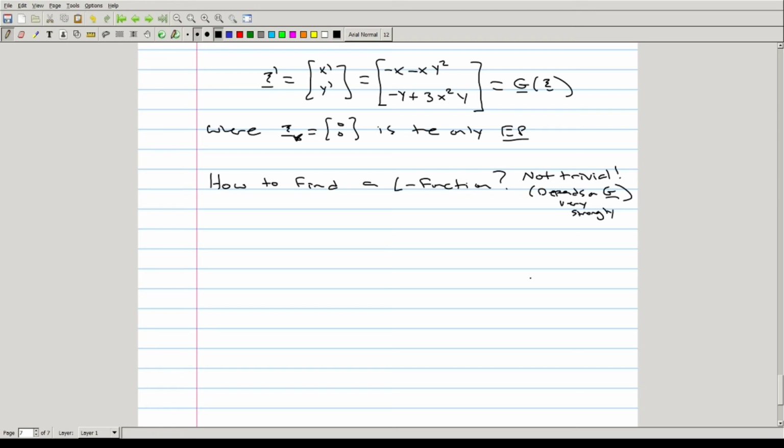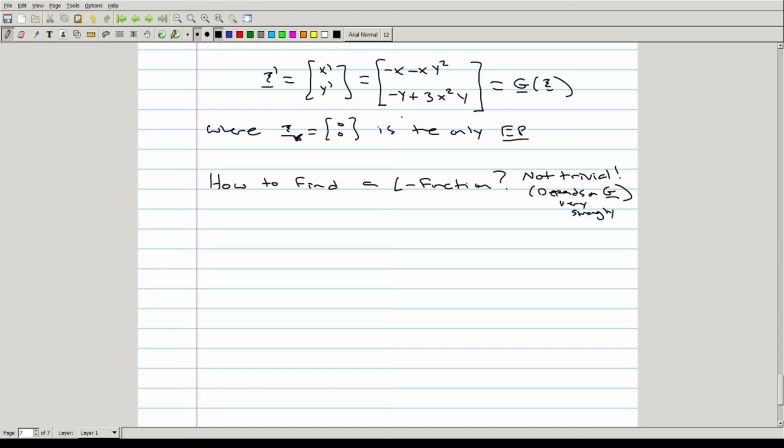However, for this one, we note that we have both quadratic functions of our variables, x squared and y squared. And we have a quadratic term in each one of these and a linear term in each one of these.